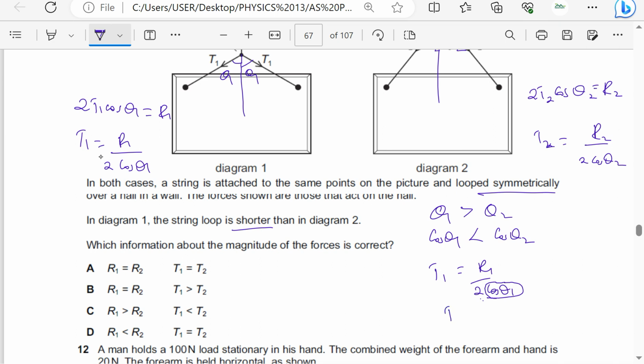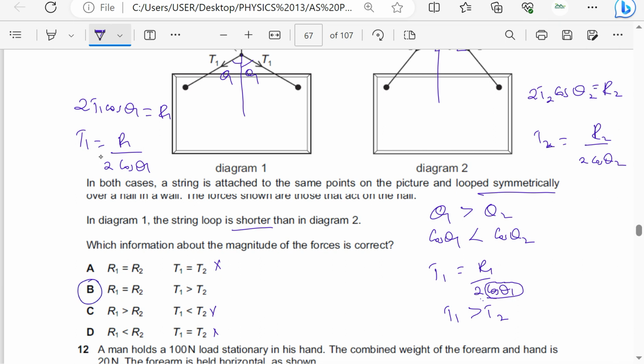That means T1 is most likely going to be greater than T2. If we compare using just the denominators using cos, T1 is going to be greater than T2. So we eliminate T1 less, we eliminate T1 equal, and remain with T1 greater than T2.